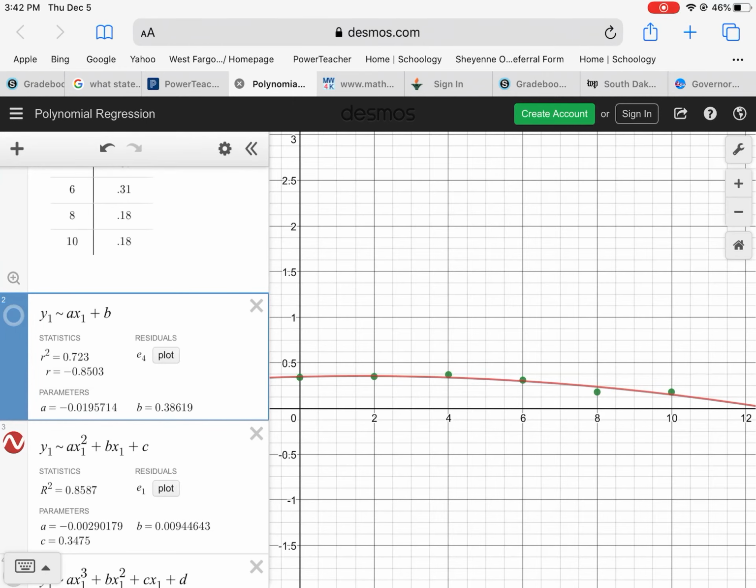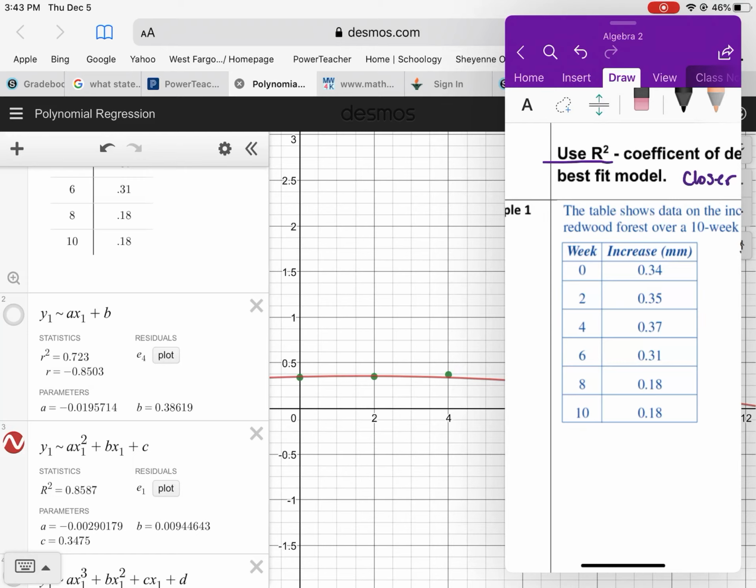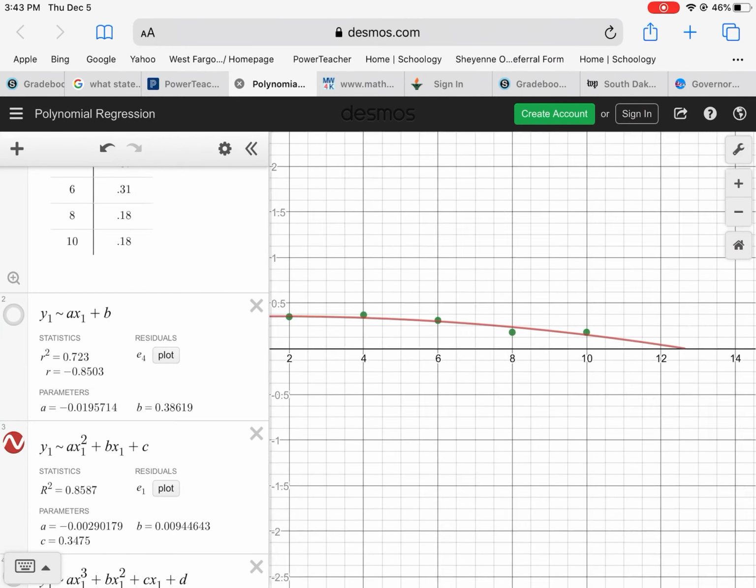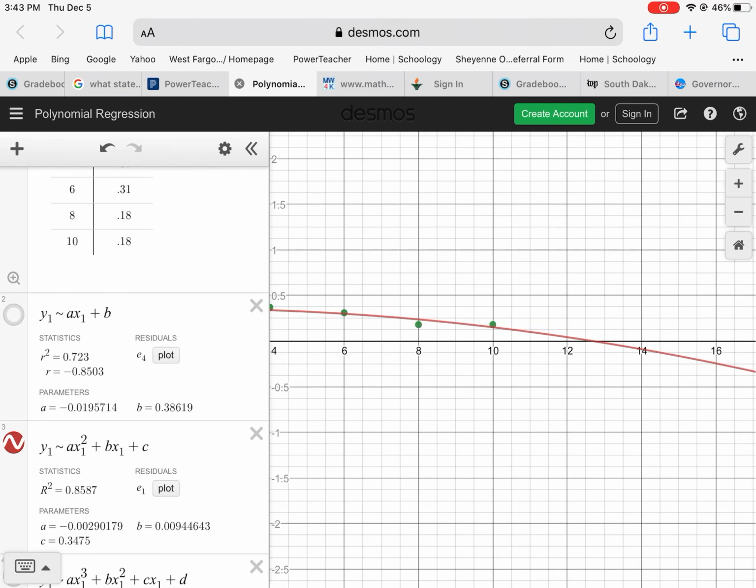My A value is negative, so that means it's going to go to negative infinity eventually. And this was a table of data that showed growth, increase in girth of a tree over a 10-week period. So a squared model doesn't make sense because it's not going to go to negative eventually here.